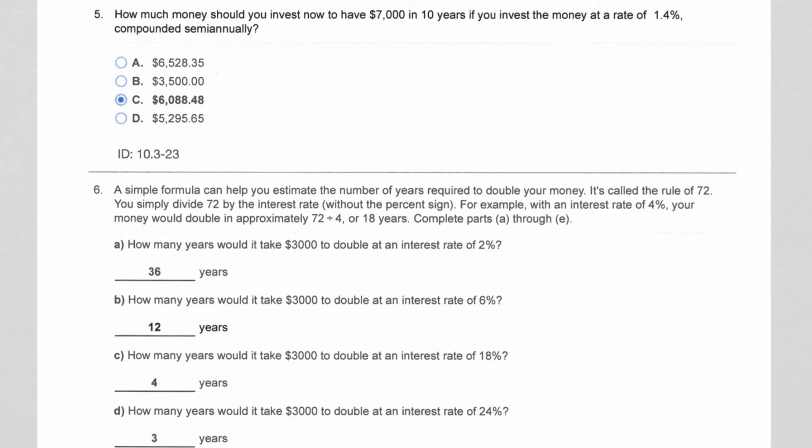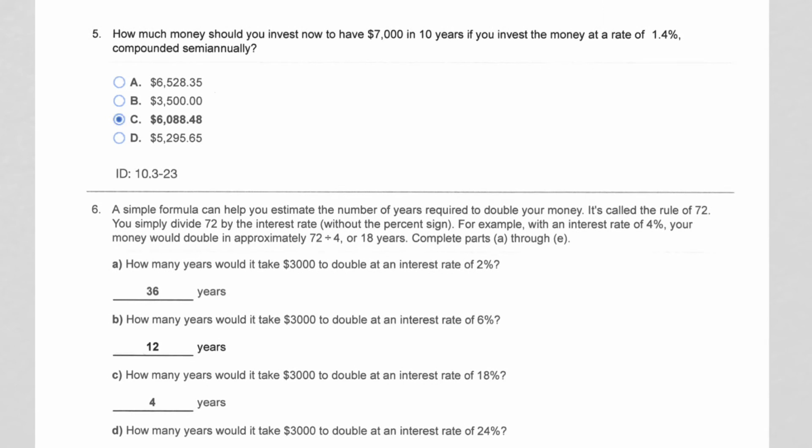Okay, a few more questions in this section. Number 5, how much money should you invest now to have $7,000 in 10 years if you invest the money at a rate of 1.4% compounded semi-annually? So how much do you have to invest now? That is P. We don't know it. This is A. This is in the future.